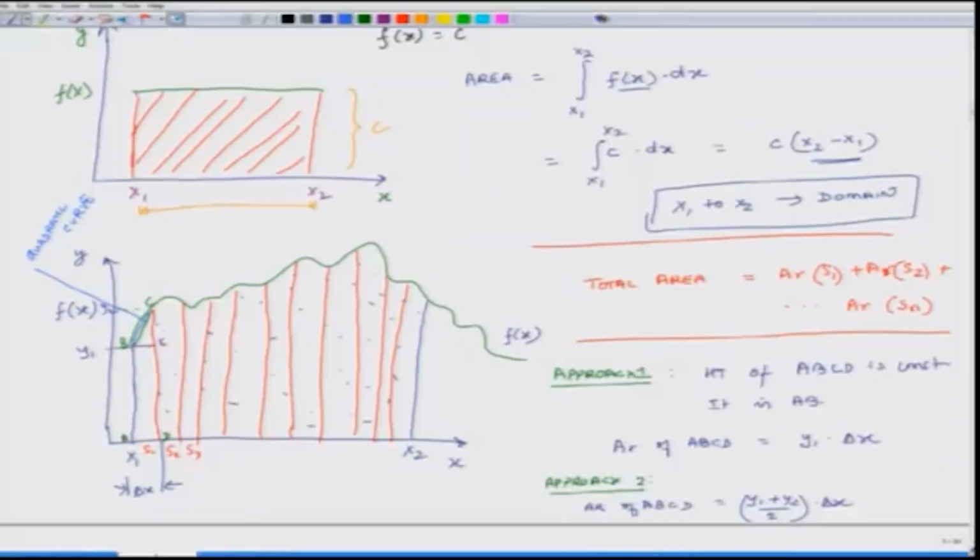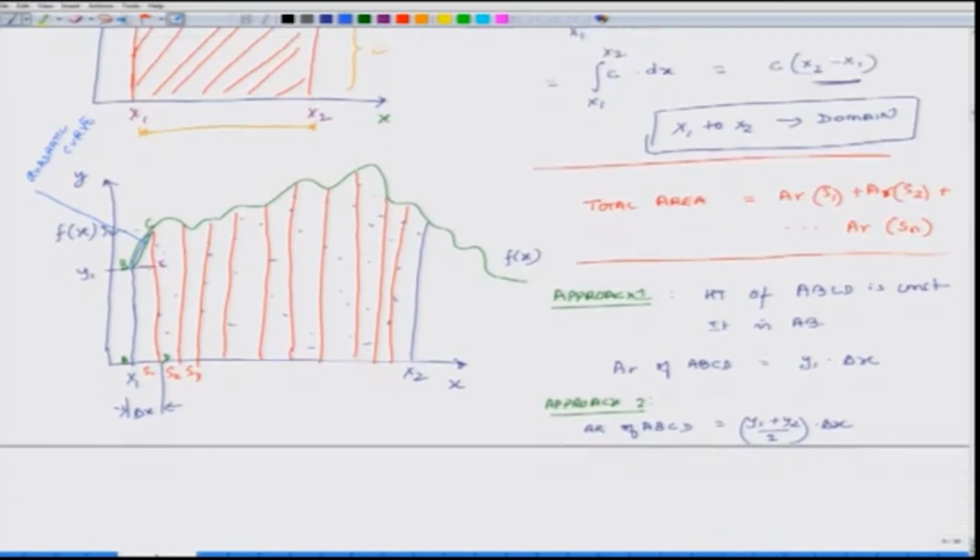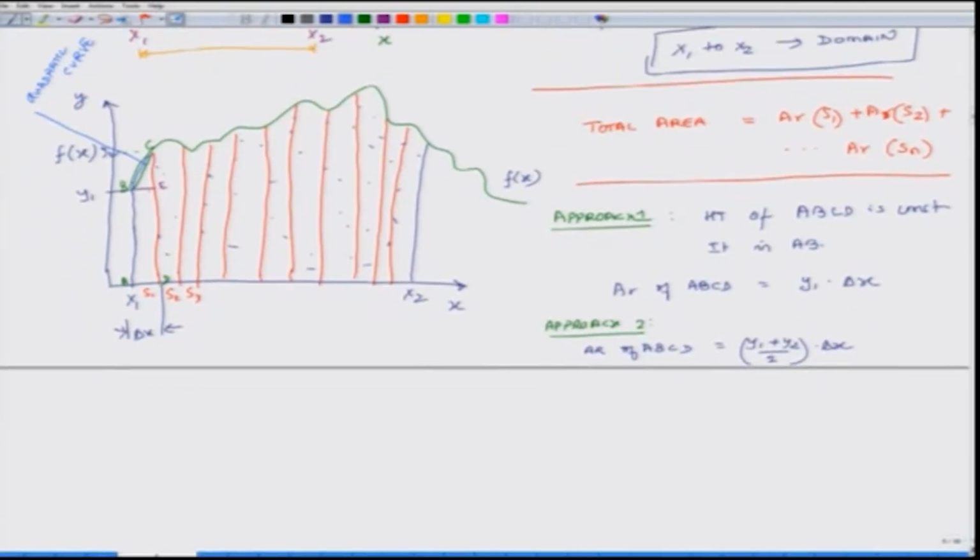In the first case it was a horizontal line, in the second case a straight inclined line, in the third case a quadratic curve.